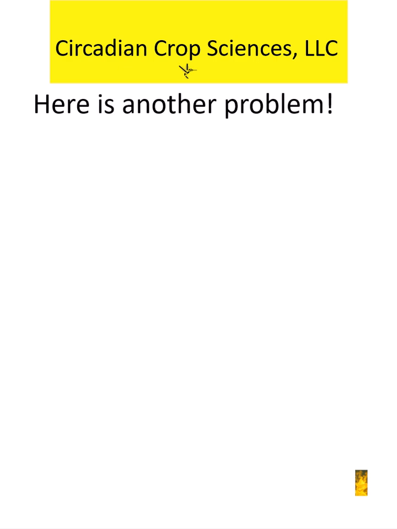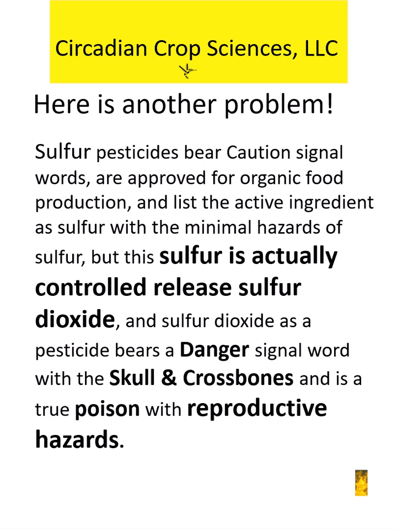Here is another problem. Sulfur pesticides bear caution signal words, are approved for organic food production, and list the active ingredient as sulfur with the minimal hazards of sulfur. But this sulfur is actually controlled release sulfur dioxide.